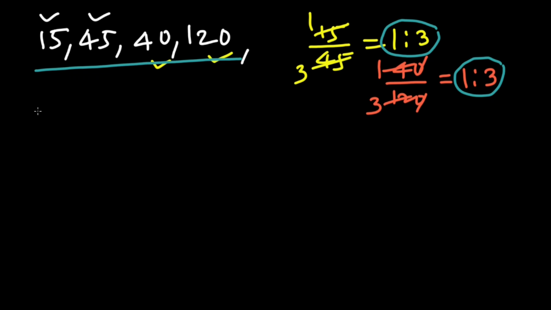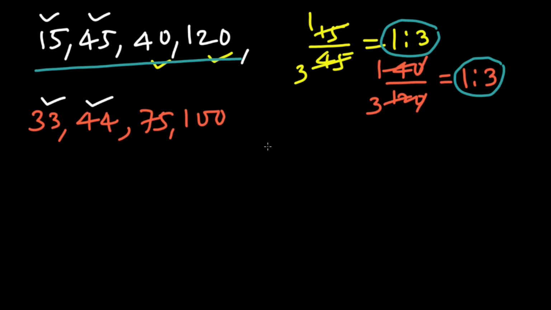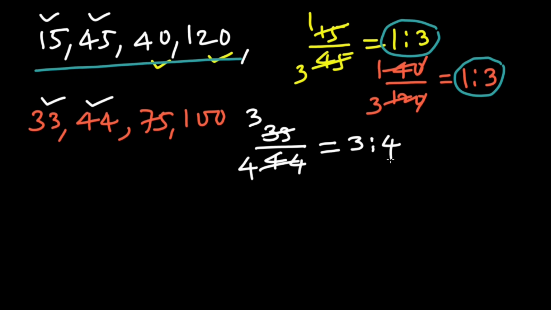Next, are 33, 44, 75, 100 in proportion? First, we will take ratio of the first two. So that will be 33 ratio 44, 11 threes are 33, 11 fours are 44, 3 ratio 4.